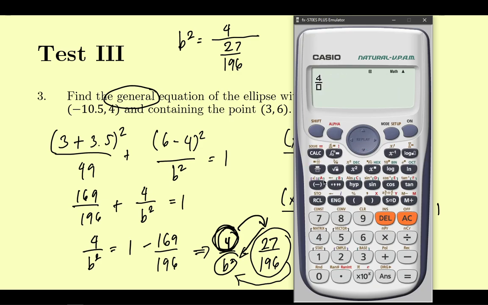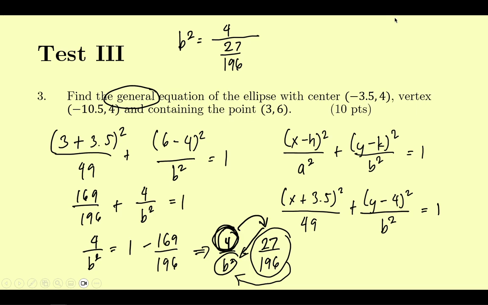Pwede rin gawin sa calcu yun through this procedure. B squared is equal to 784 over 27. And this value of B squared, you can plug it in na dito. Over 27. And that's your standard form.